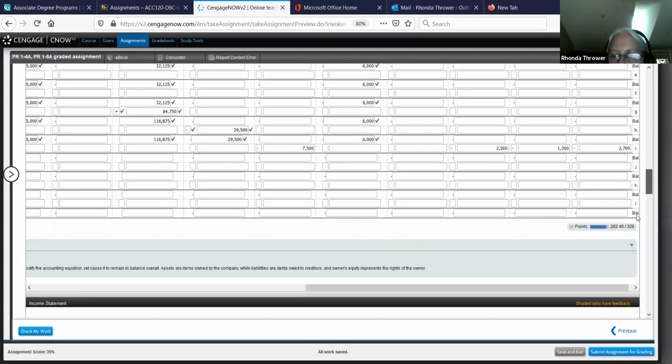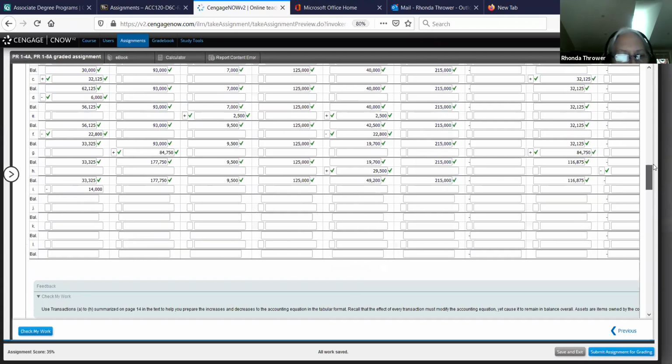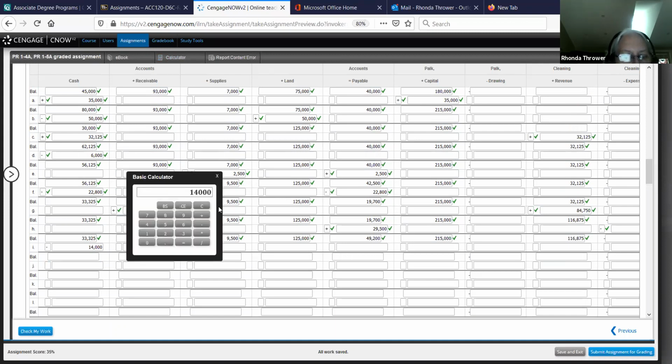And then we're going to scroll back over to the front part. I'm going to take out my calculator, and I'm going to take 33,325. That was the balance of my cash account before this transaction. I'm subtracting 14,000 from that.